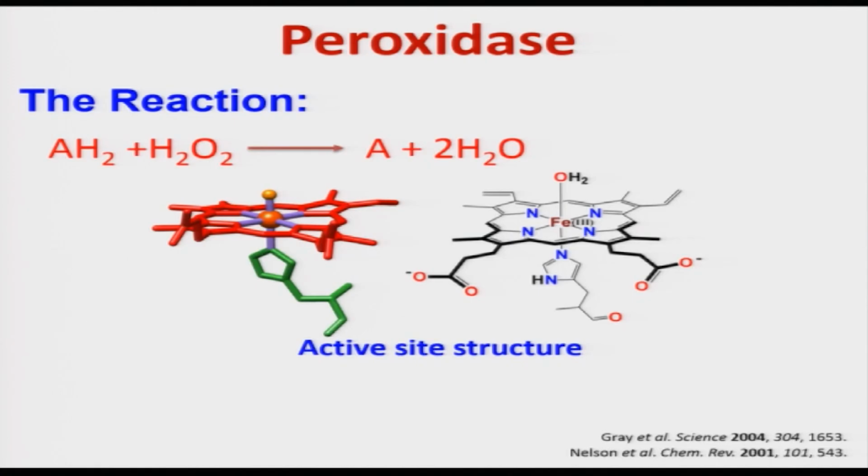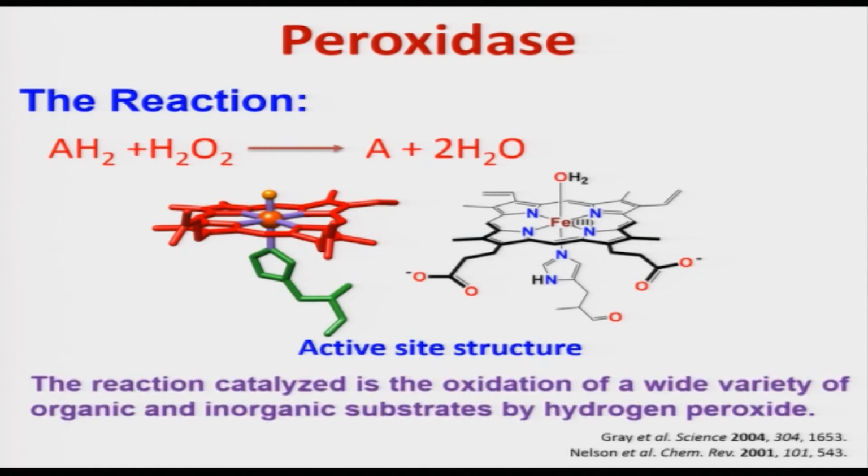Now, peroxidase is another enzyme which catalyzes the oxidation of a wide variety of organic and inorganic substrates by utilizing these hydrogen peroxides. Please note that these peroxides are undesired intermediates. So, peroxidase utilizes those undesired intermediates to make very useful products, which is otherwise impossible in the biological system.